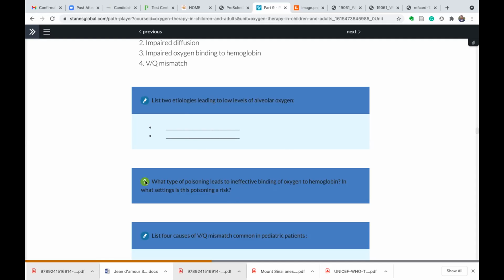So the next question, what type of poisoning leads to ineffective binding of oxygen to hemoglobin? So in other words, what is the poisoning which will replace oxygen, which is being bound to hemoglobin? In what setting is this poisoning a risk?